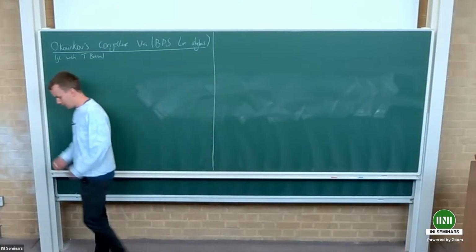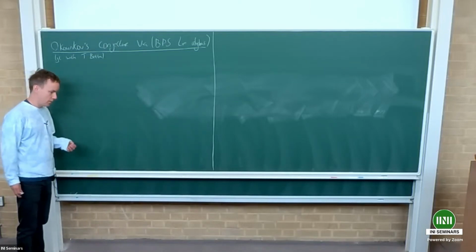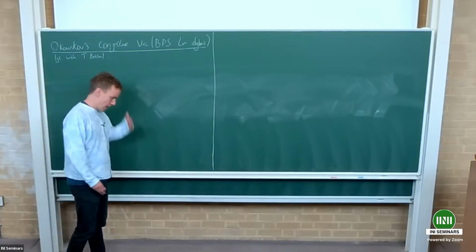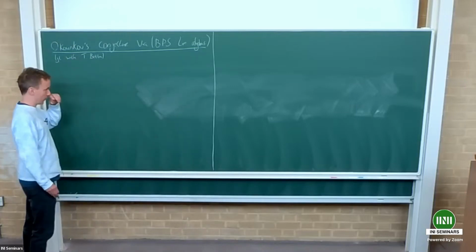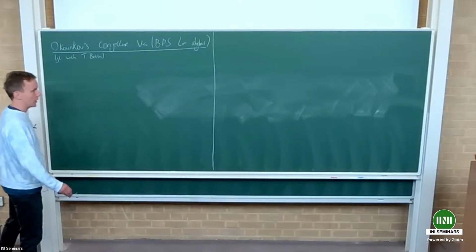Until very recently, we had no idea what the dimensions of these algebras were. And Okounkov's conjecture is about those dimensions.